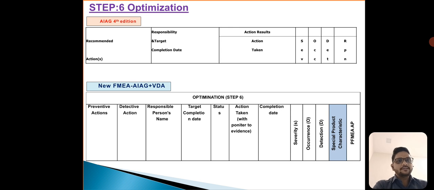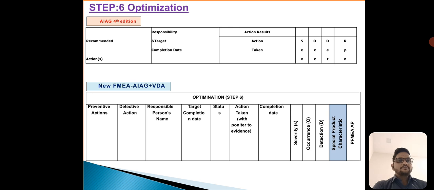Now in the new FMEA, AIAG and VDA version, the optimization is: what are the preventive actions, detective actions, responsibility, it means responsible person name, target date of completion, status, and action taken with the evidence. And next is the completion date, and what are the revised severity, occurrence and detection, as well as special characteristic and action priority. These are as per the new FMEA AIAG plus VDA guideline.